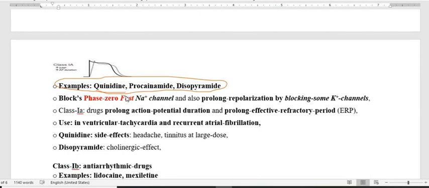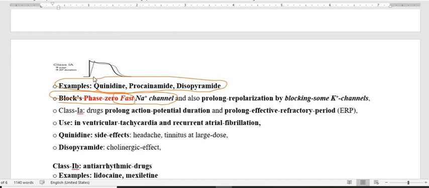These all belong to the 1A antiarrhythmic drugs. They all block the phase 0 depolarization caused by the entry of sodium. Because they block the entry of the fast sodium channel, the sodium ion entry, they delay the depolarization.